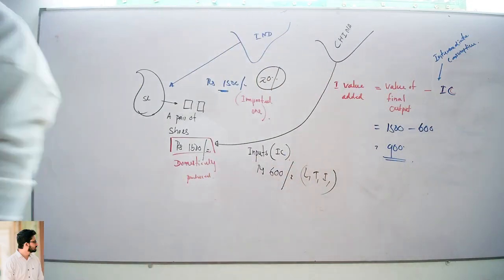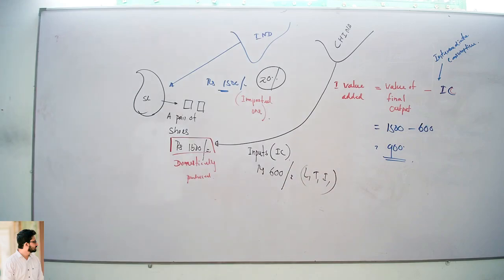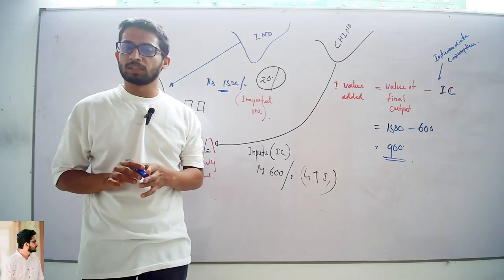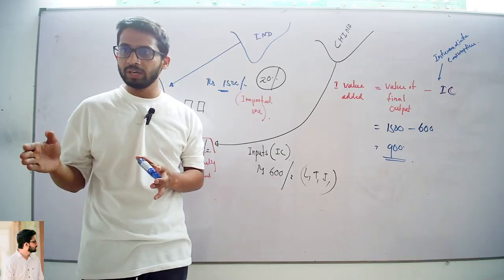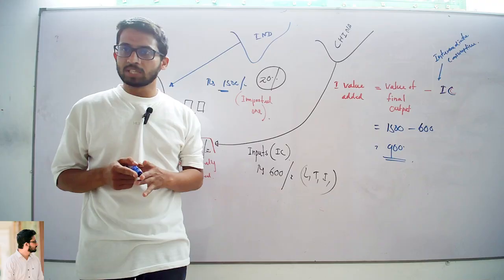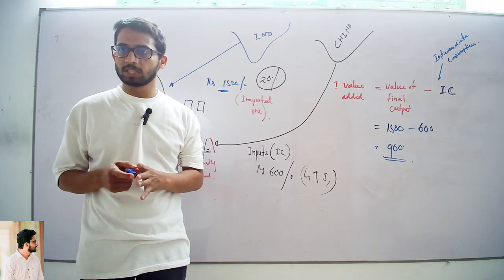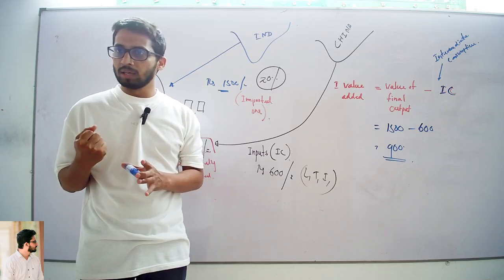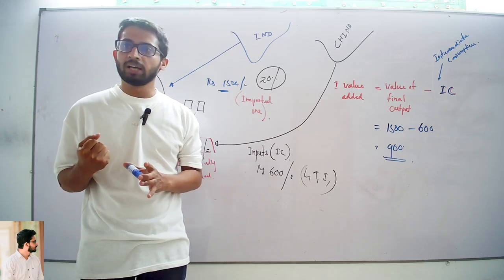Value addition. This means that even though the domestic producer has produced 1,500 worth of good, at the end of the production process, we have only 900. Why?